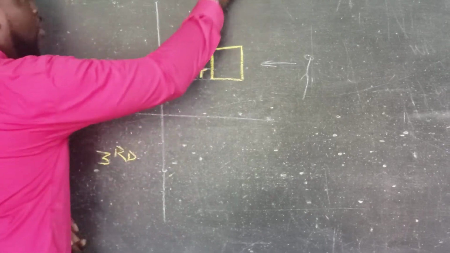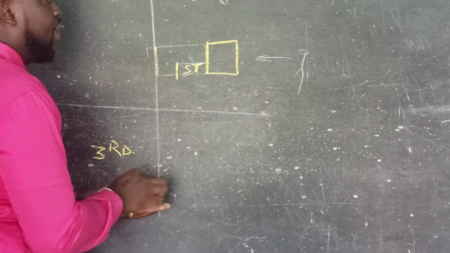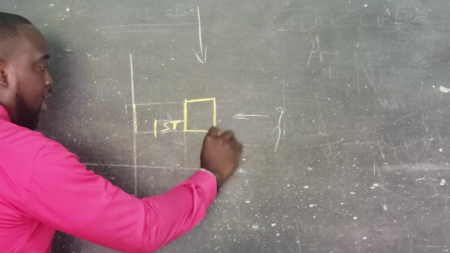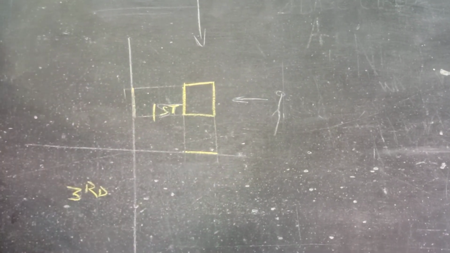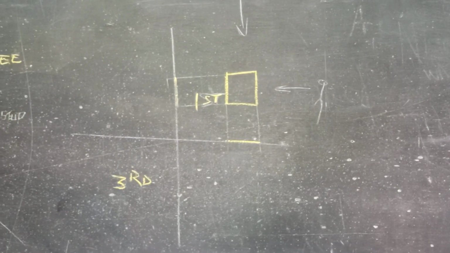If you should stand above this object looking down, whatever it is you see is projected on the horizontal plane. That is it for first angle.